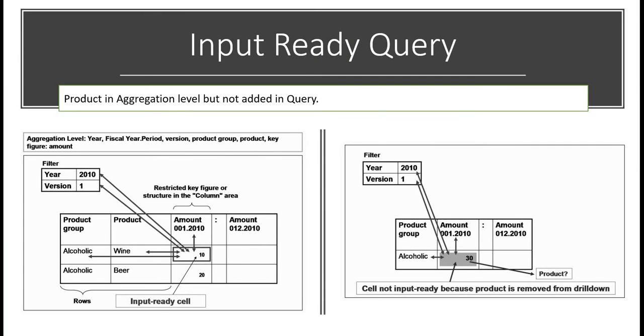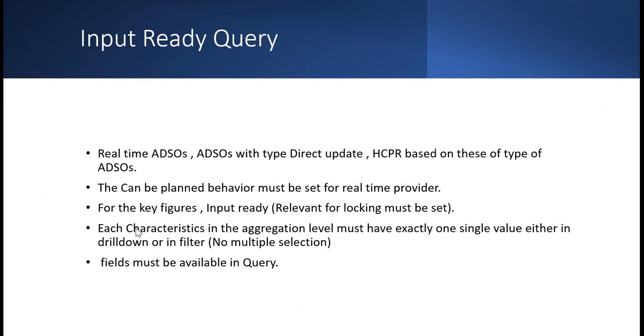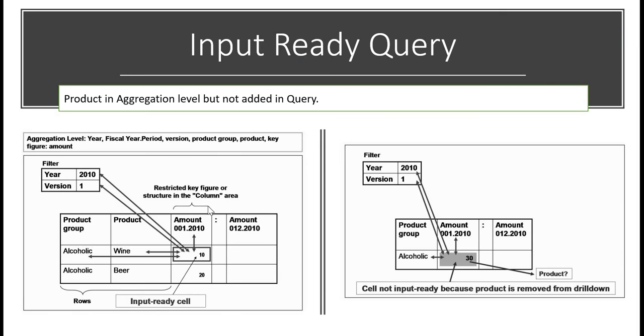So my first feature was that every characteristic should be available in the query, and also there should be no multiple selection. This is an example. On the left side you can see that I have the filter, year and version, and some characteristics and the key figure amount.